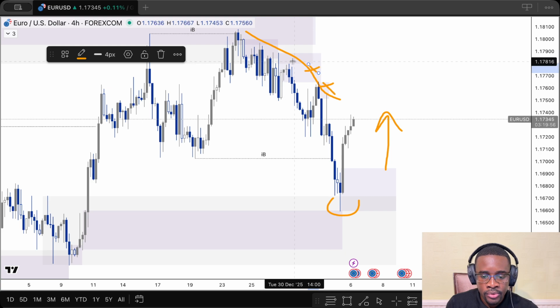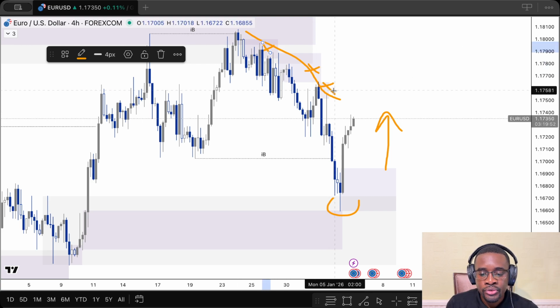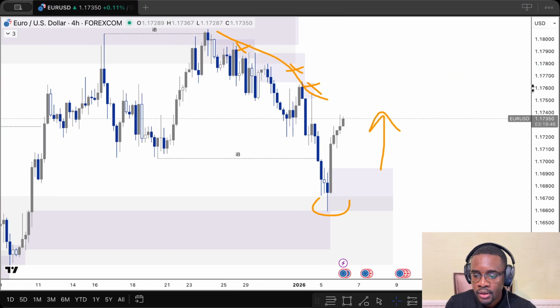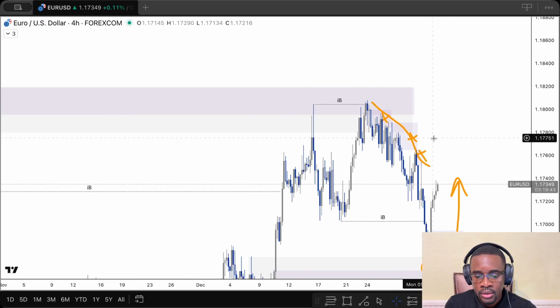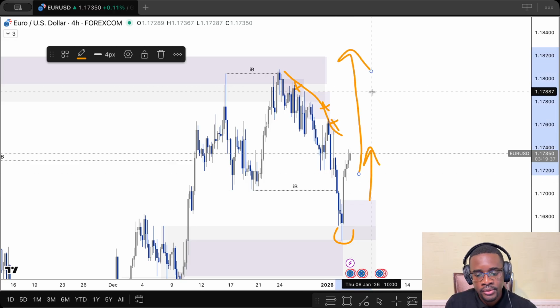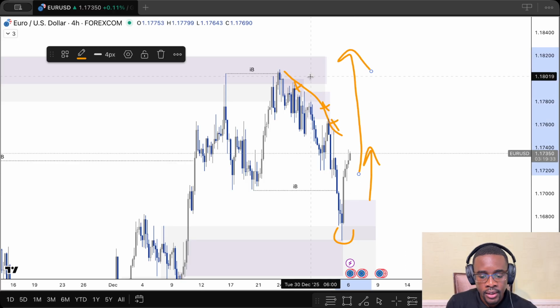Supply areas have been mitigated, so well and truly we don't expect any resistance at this point. So just expecting price to blast through those areas and continue going up.